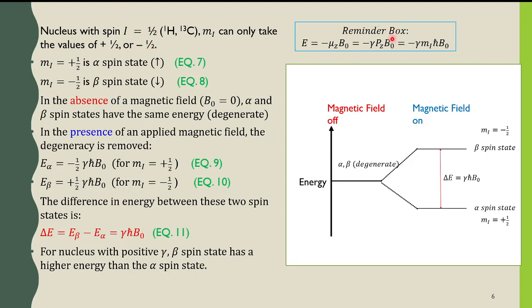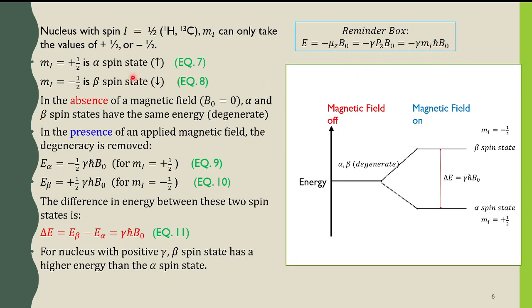Now I will usually have a reminder box here to remind you of the equations that we have been using in the previous pages, so you don't have to flip, and I also don't have to flip. So I hope this is helpful.